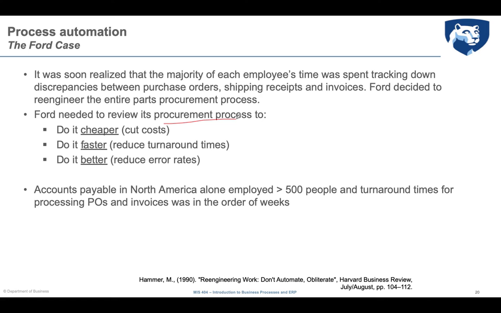So they wanted to do it cheaper, cut cost, faster, reducing the time spent by human resources, and better, because with manual checks some mistakes and missing aspects were possible.